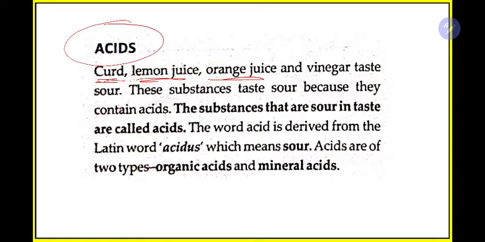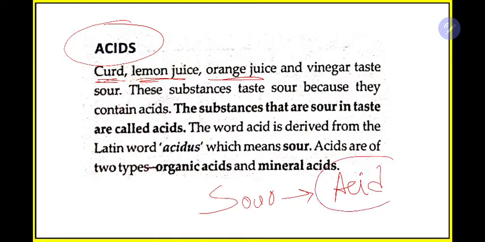So always remember, I am writing here, if the taste of anything is sour, that means it contains acid. Okay, is it clear? If the taste of any substance is sour, the substance will contain acid. The substances that are sour in taste are called acid.